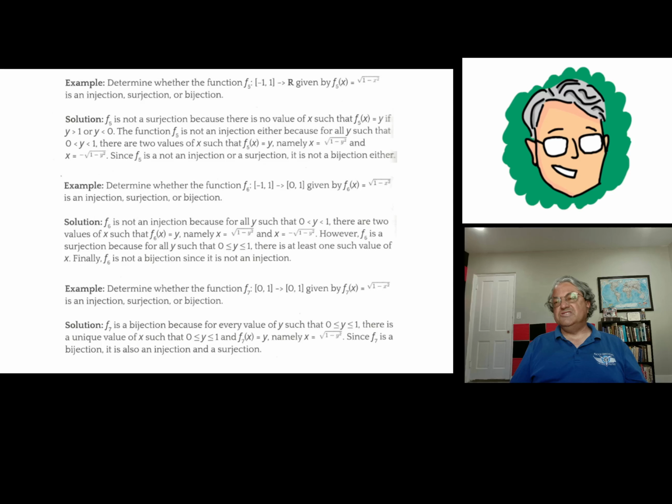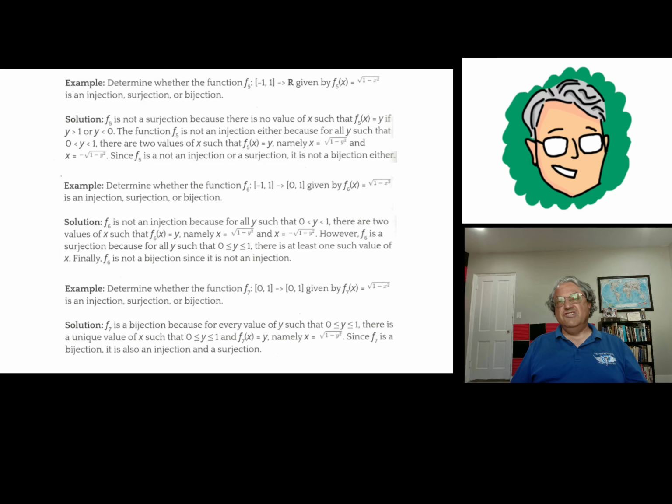Example 6 is kind of similar to this, except this time we're restricting the range to be what's called the closed unit interval, or in other words, all the real numbers between 0 and 1, possibly equal to 0 and 1. And for this example, it is actually a surjection. Remember, surjection is onto.